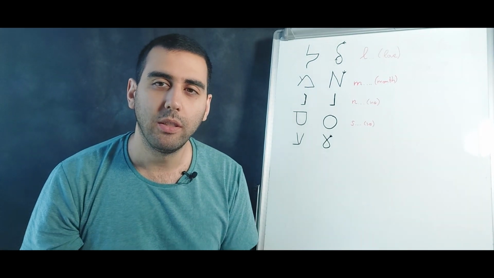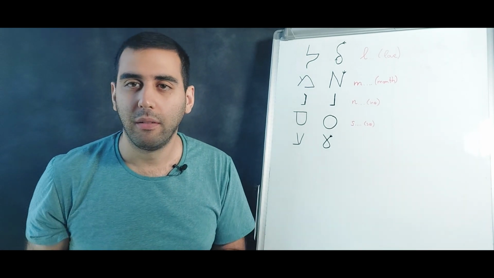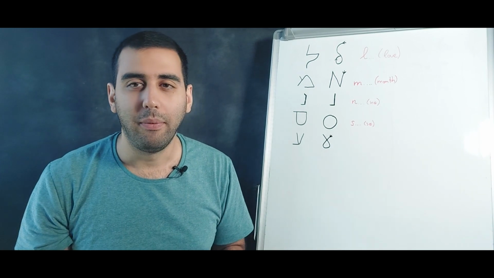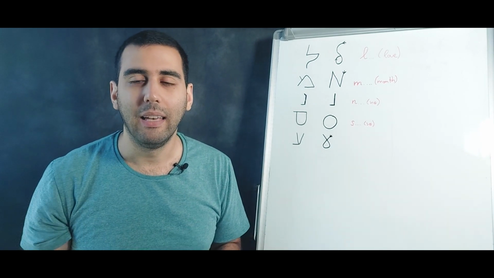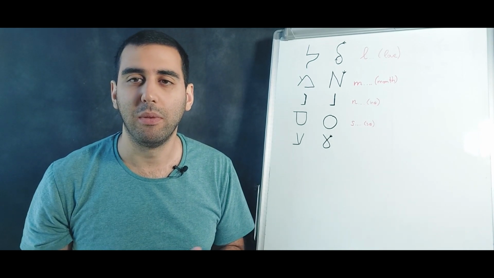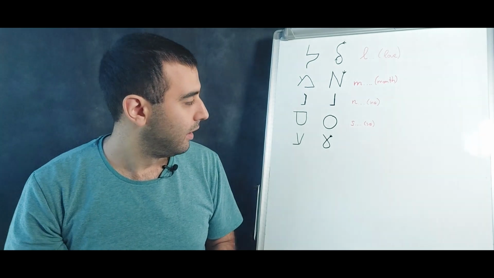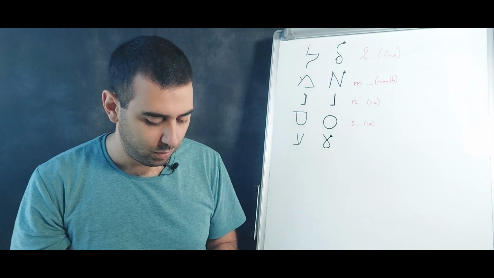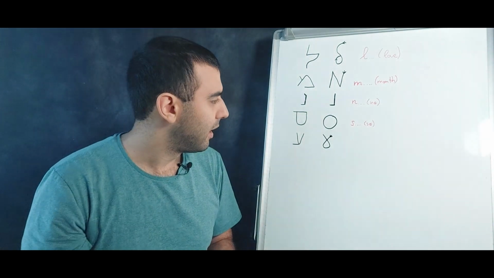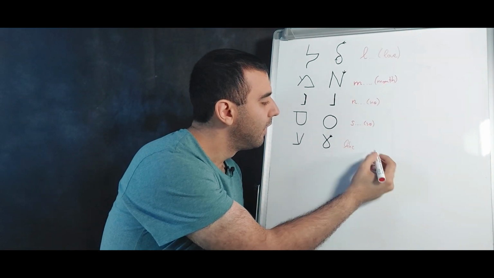Now, this consonant is actually similar to the first consonant. If you remember the first consonant, it's aleph, right? And the ayin is pronounced exactly the same. It makes the same sound, like aleph.